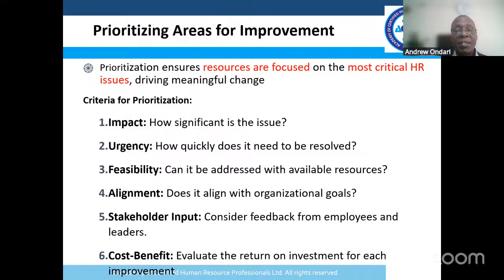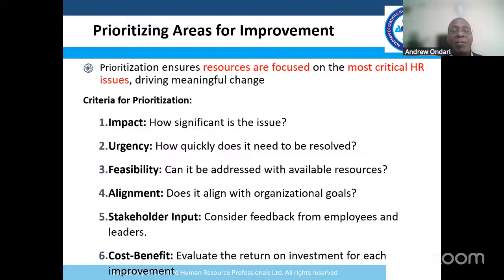Because of its significance, we prioritize the repairs or a change of the lift. Why? Because of the impact that can create. You can imagine losing 10 employees in a lift or in an accident.